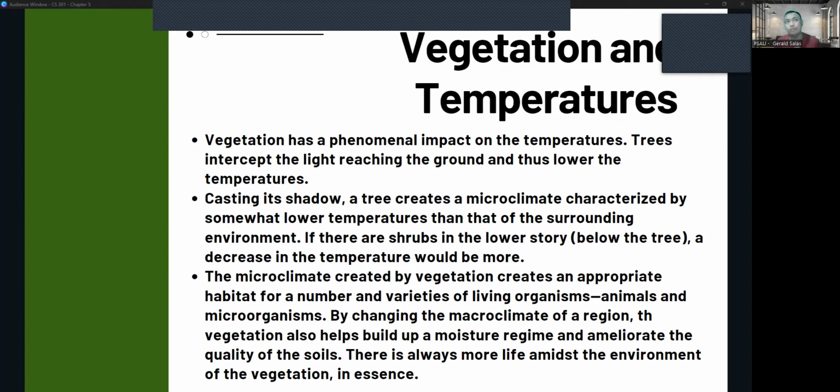As example, dun sa first example ko kanina, mas malamig siya as compared dun sa plain because the trees, they provide shade and it create a different climate doon sa below nito. Now, itong microclimate na to, it also provides another climate na pwedeng tumubo yung mga ibang species doon sa lugar na yun.